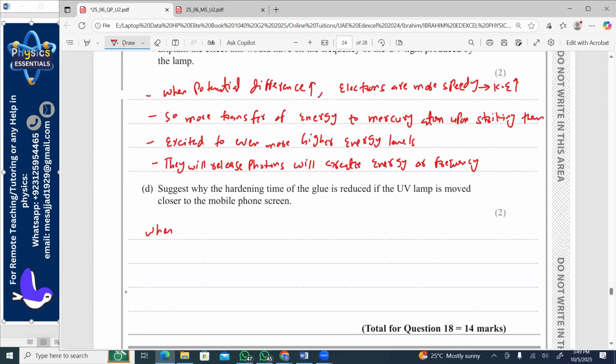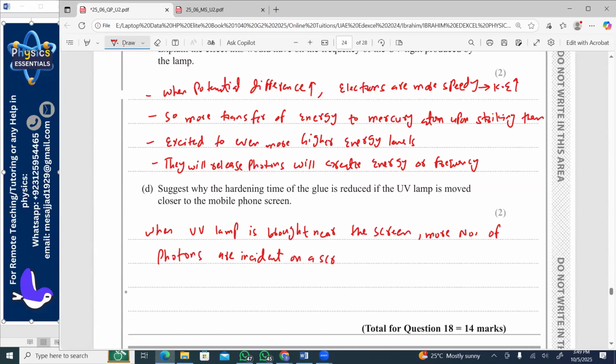So the rate of energy transfer to the screen by photons is increased.